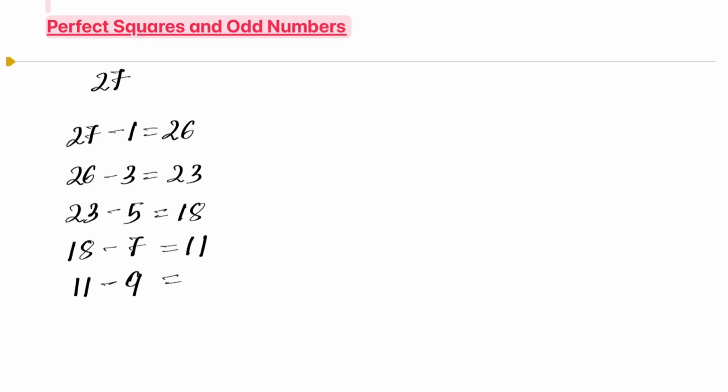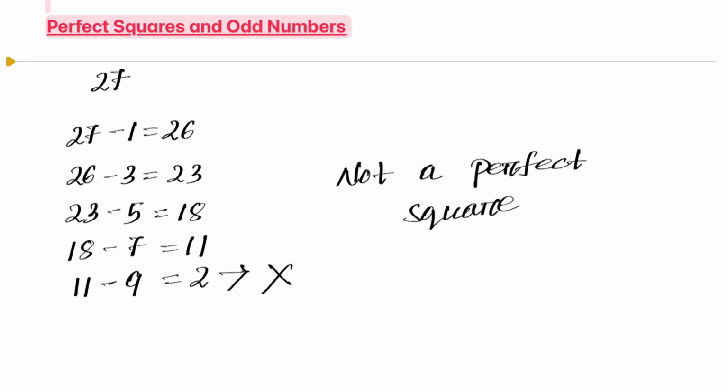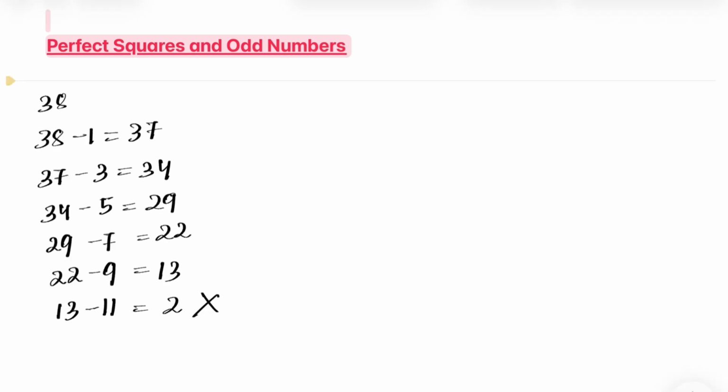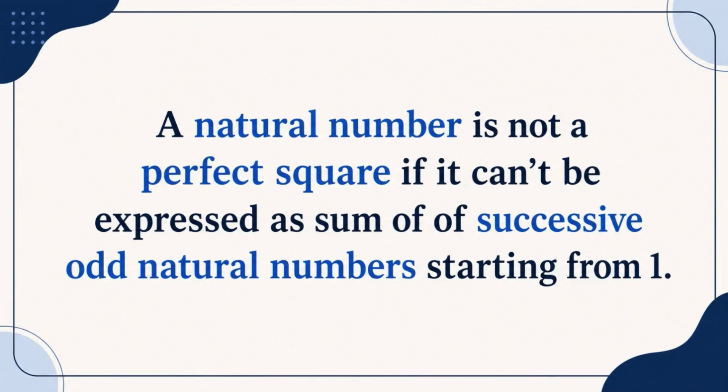So we are not getting 0 after subtraction in this case. That means 27 is not a square number. If we try this with 38, here also the final answer is not 0. So 38 is not a perfect square. Like this, we can find perfect squares by subtracting consecutive odd numbers starting from 1.